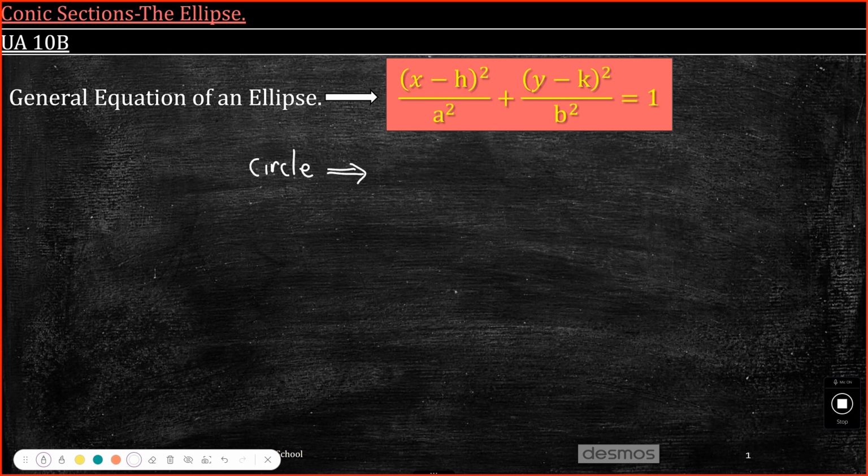The general equation of a circle is x minus h squared plus y minus k squared equals some radius squared. But in this situation, it's equal to 1. Whereas in this one, we would have some radius squared.